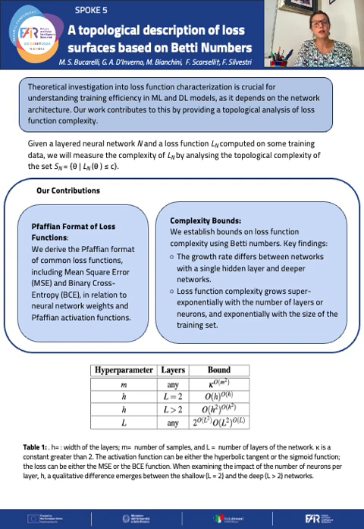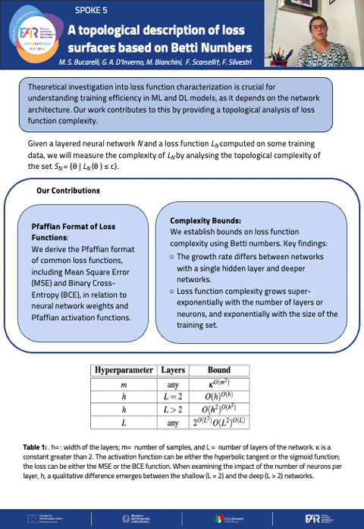In this paper, the topological complexity of the set S of N is measured by the sum of the Betti numbers of this set. The upper bound for the sum of Betti numbers is derived for feed-forward neural networks with different numbers of layers and different numbers of neurons per layer, and varying the number of training samples.